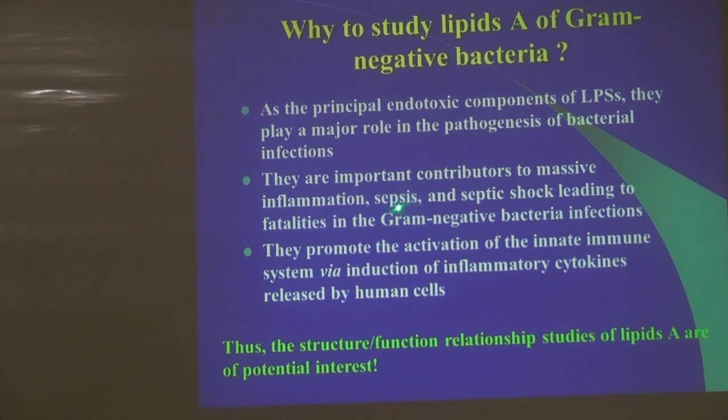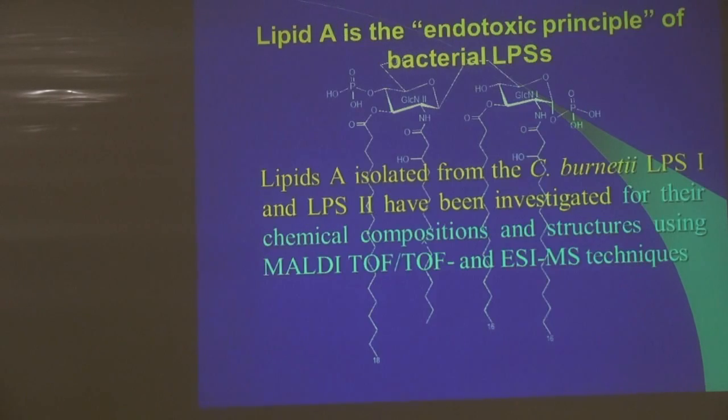They are important contributors to massive inflammation, sepsis, and so on in gram-negative bacteria. They also promote activation of the innate immune system by induction of common cytokines released by human cells. A lot of work with Coxiella burnetii was done in this laboratory here in Marseille, and there was also interest in the structure-function relations of this.